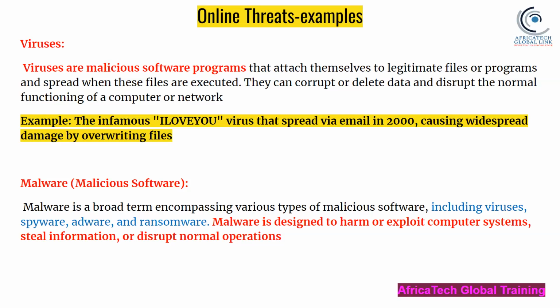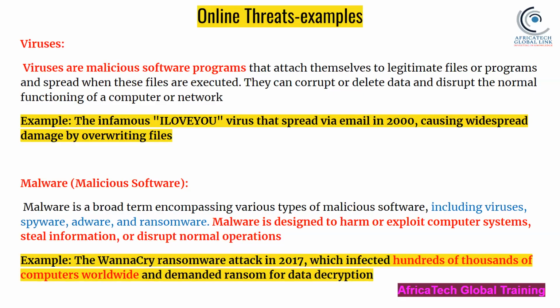So the next thing we are going to study is an example that we have put here: the WannaCry ransomware attack in 2017, which infected hundreds of thousands of computers worldwide and demanded what?